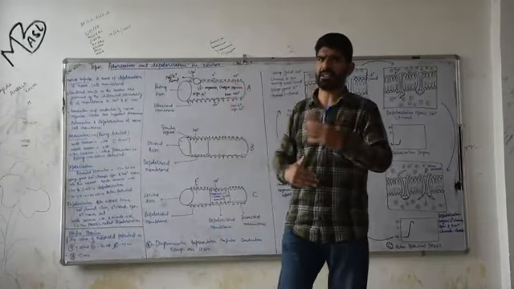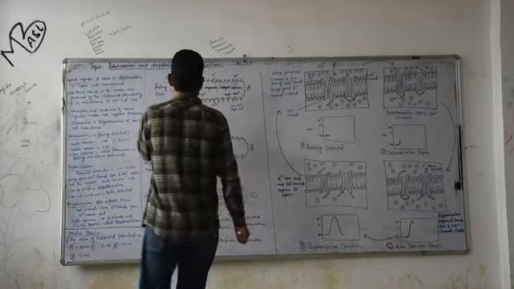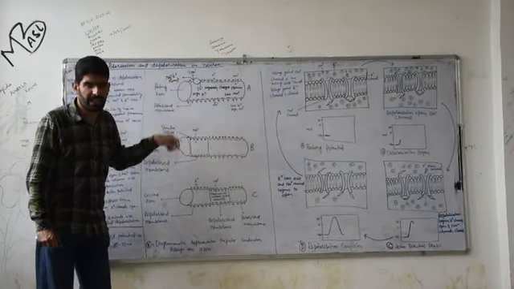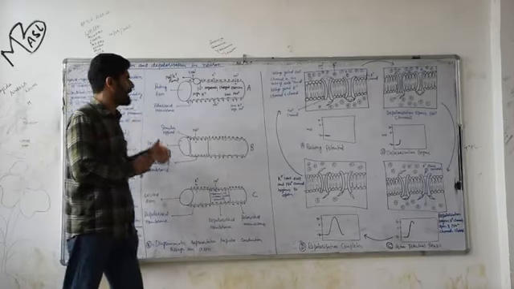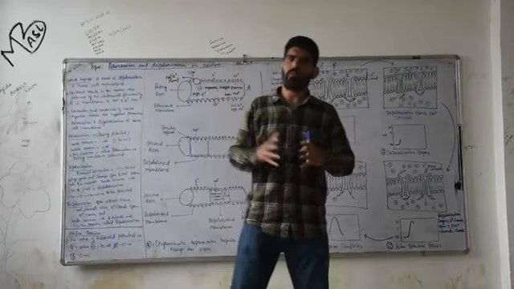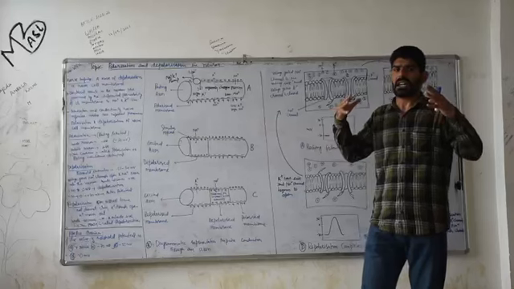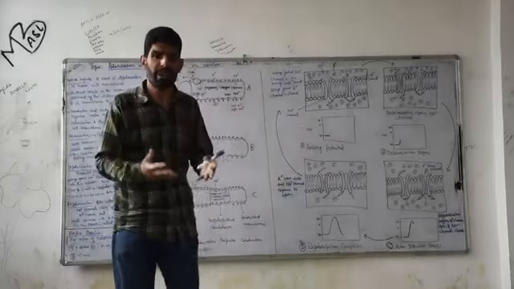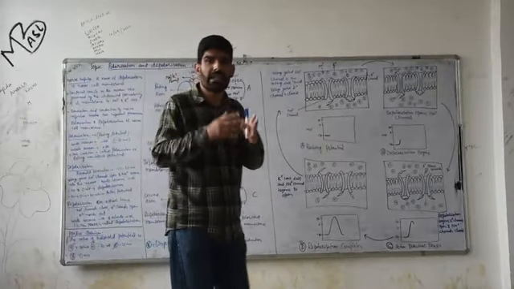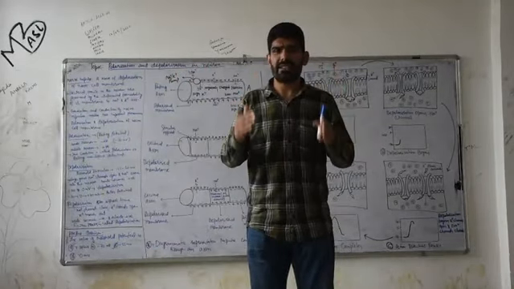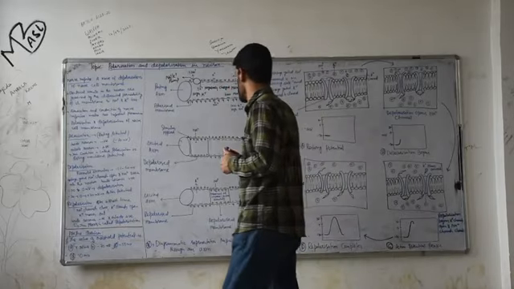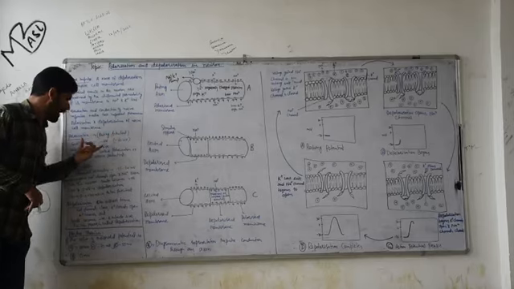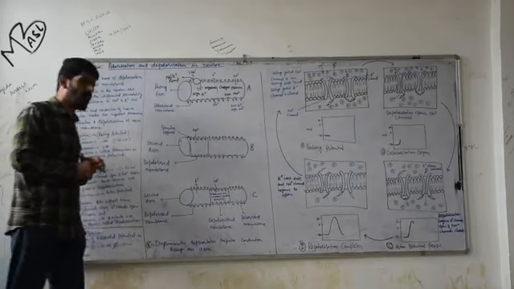So a polarity is developed between the outer surface and the inner surface of the neuron, and this development of polarity is called polarization of the neuron membrane, or you can say the membrane is in a polarized state. Now see here, inside is negative and outside is positive.